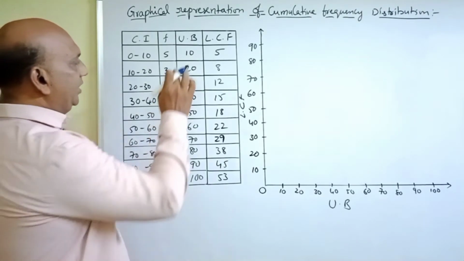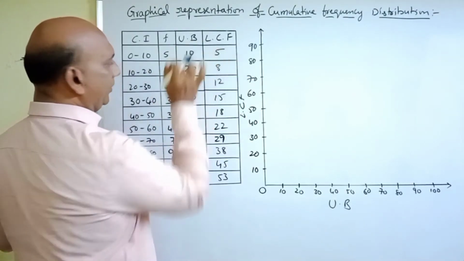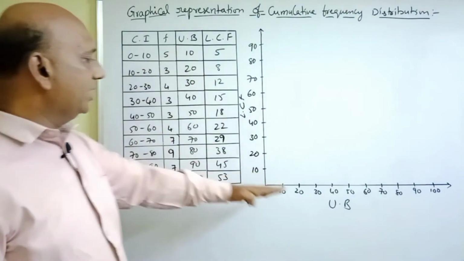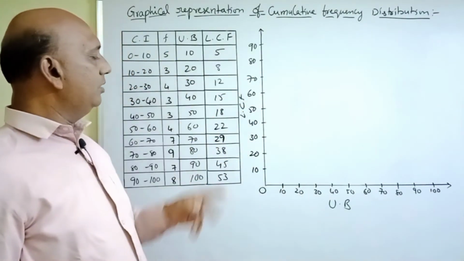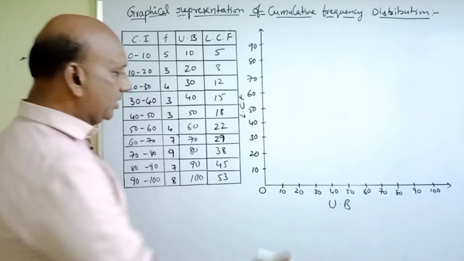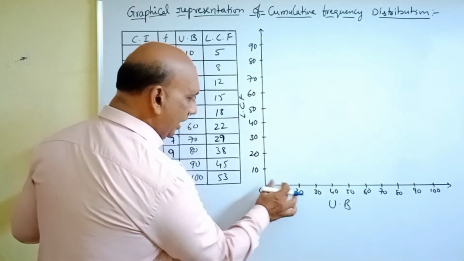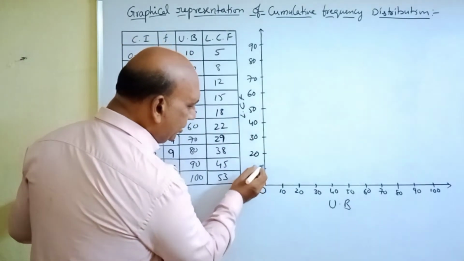First of all, take this point 10, 5. 10 is taken on x-axis and 5 is taken on y-axis. That means 10 is here on x-axis and 5 means between 0 and 10.